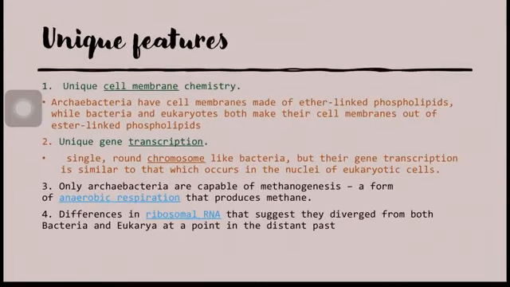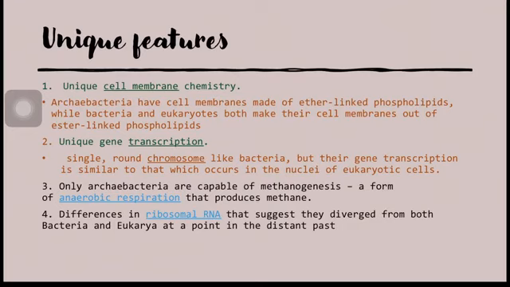At the end, the unique features of Archaebacteria to be remembered are that they possess a cell membrane with unique chemistry, that means ether linked phospholipids are present, and their genes contain introns, a feature of eukaryotes. They have a single chromosome like that of bacteria, but the gene transcription process is similar to that of eukaryotic cells.